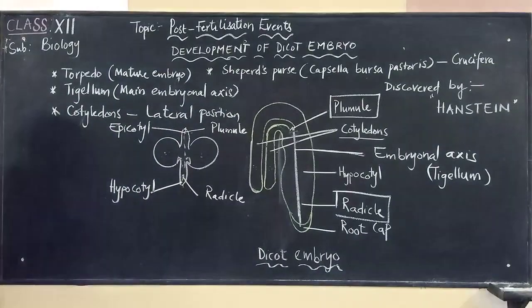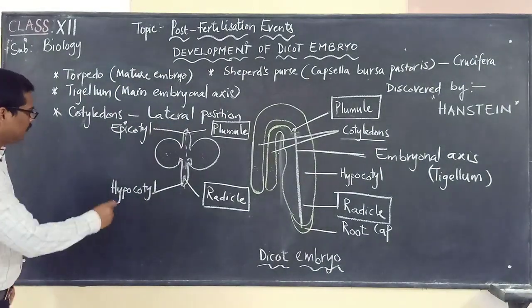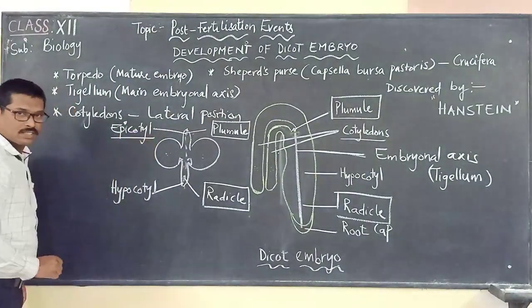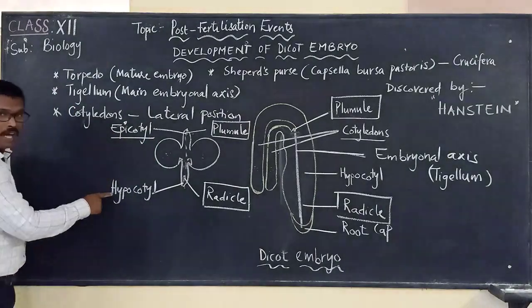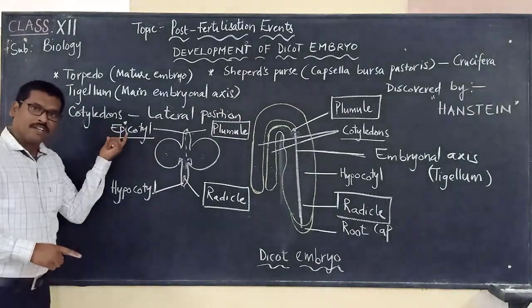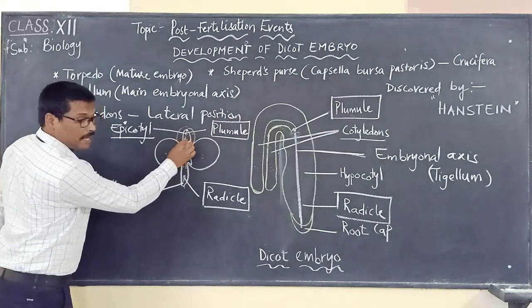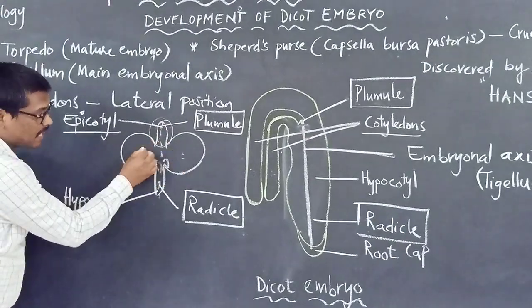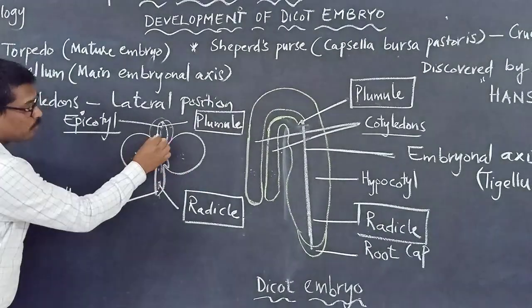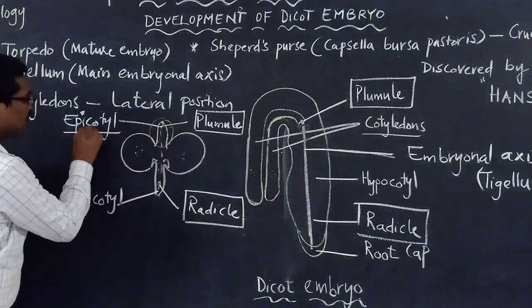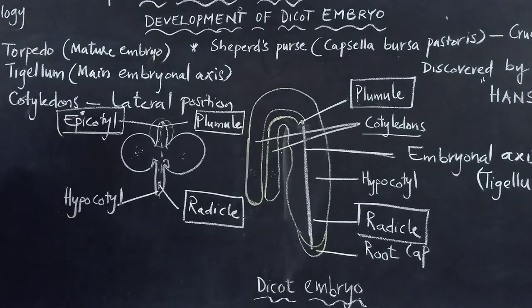In a matured dicot embryo. And here we are coming across two words. What are those? Epicotyle and hypocotyle. So what is epicotyle? The portion of the embryonal axis which is above the attachment of the cotyledons is called as epicotyle.